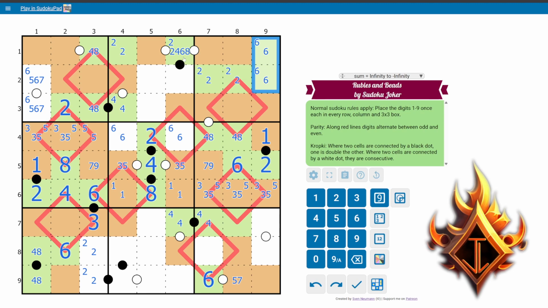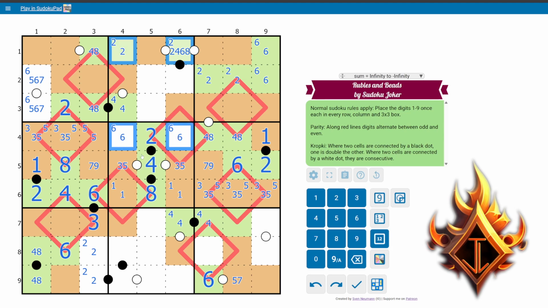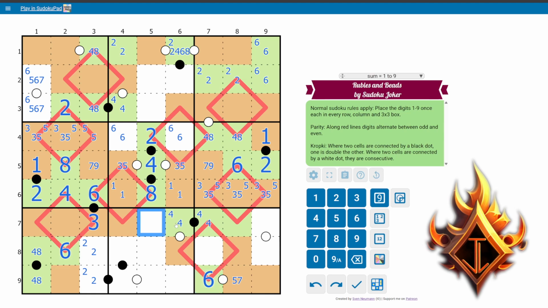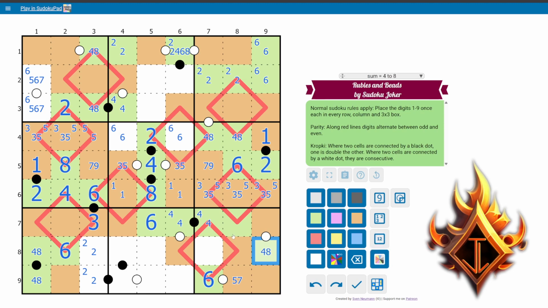What actually broke this? Was it this being X-winged? No. Well, regardless, 6 goes here now because it can't go there. So we'll get that. That'll be our last even. Now that will be even. It'll be a 4 or an 8. C's 2 and 6.